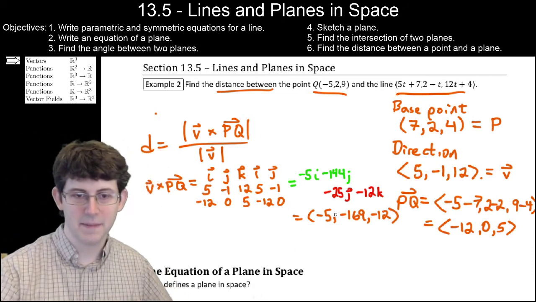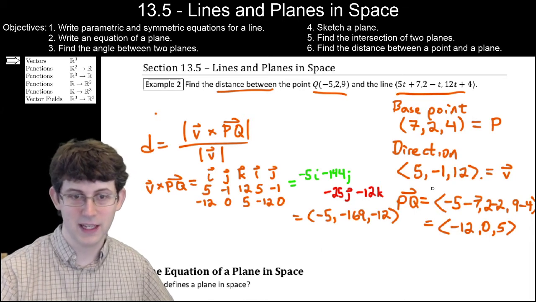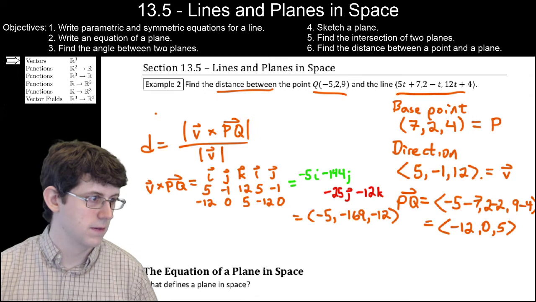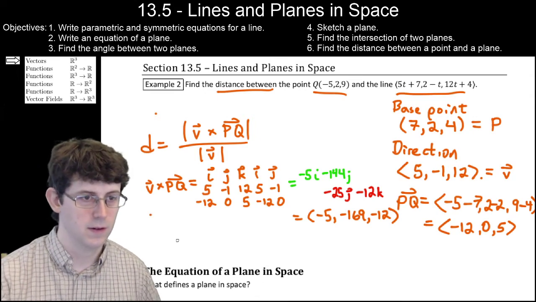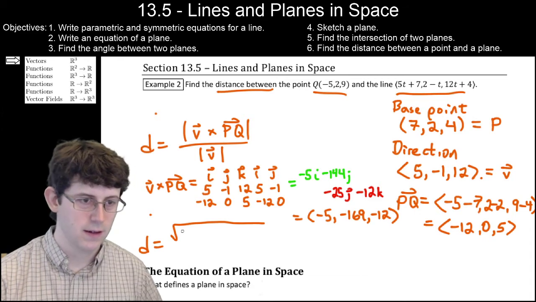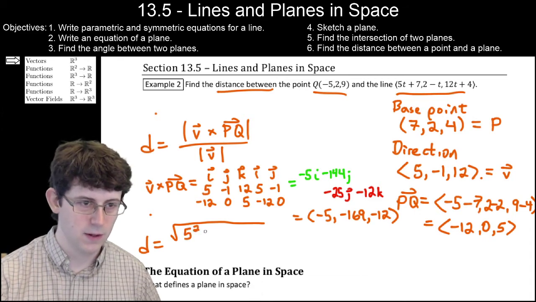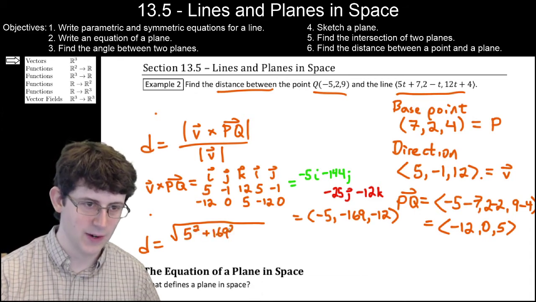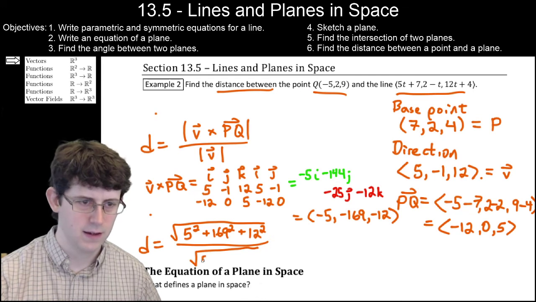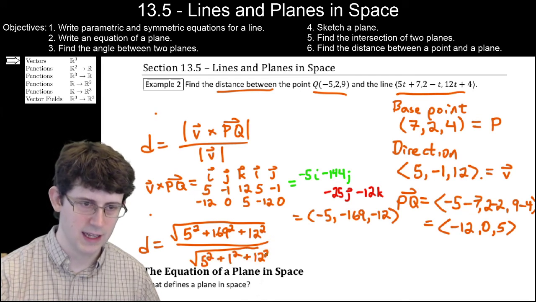Okay, so I'll need to find the magnitude of this and divide by the magnitude of V. So this is the magnitude of V cross PQ, 169 squared, okay, divided by the magnitude of V. This looks like these numbers have been chosen really carefully.